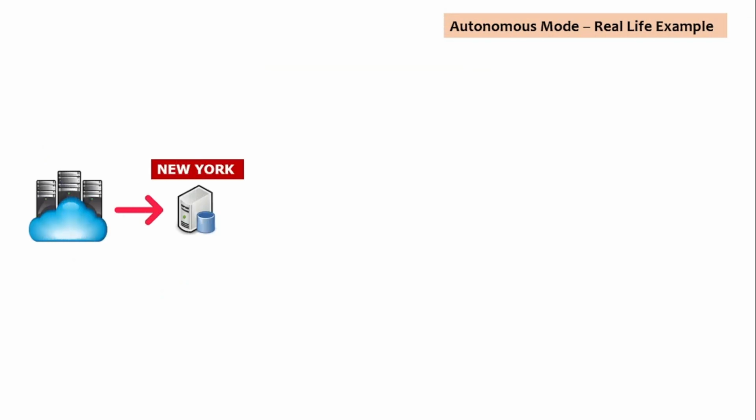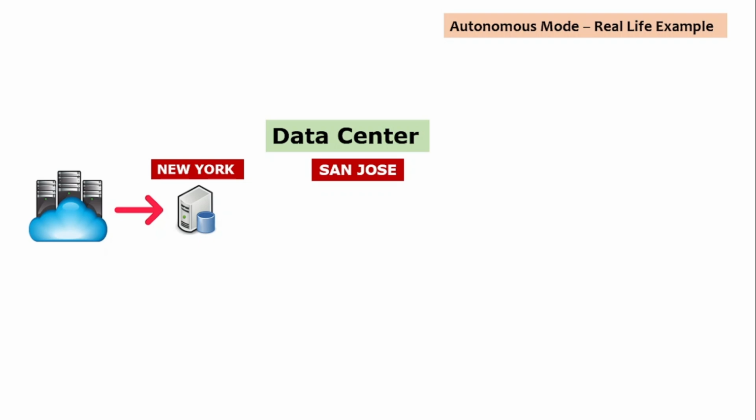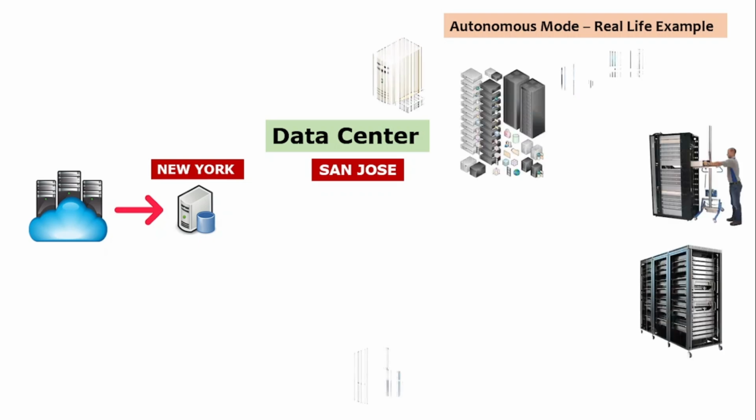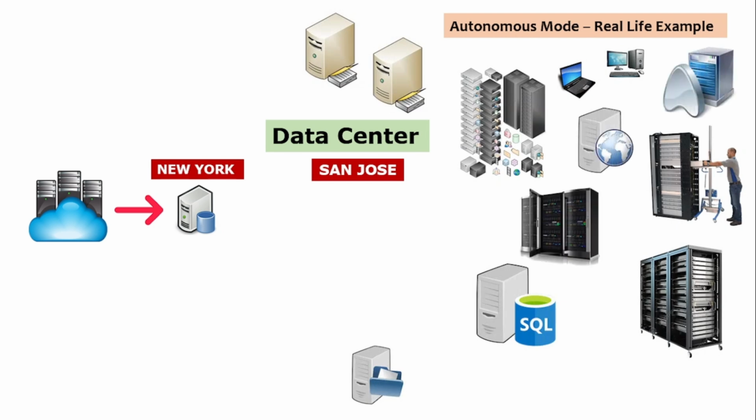So let's take a real life example over here. Again, we have a head office in New York, and we have a data center in San Jose. And we know that there are hundreds of servers, workstations, database servers, web servers, racks and stacks in our data center. So it will not be feasible, it will not be advisable to configure a replica mode.